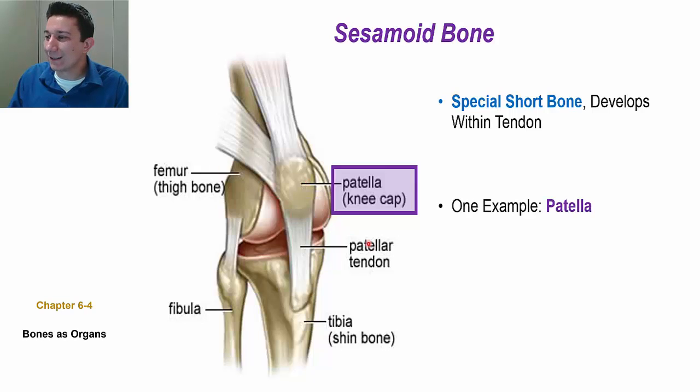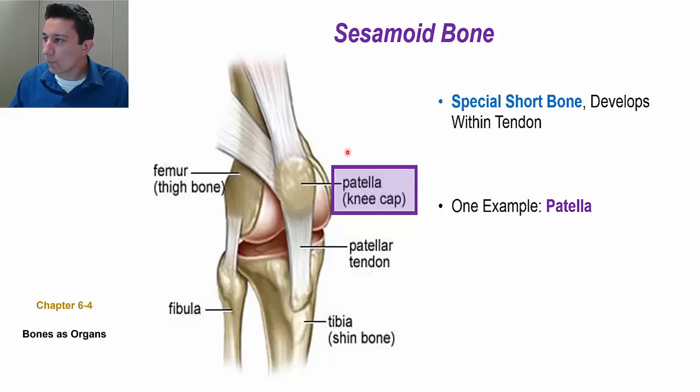One example of a sesamoid bone is the patella, which makes up the bone that we more generally call our kneecap. This bone is found within a large tendon of a muscle that crosses the anterior part of our knee joint. So it really helps this tendon glide over the knee joint without incurring any damage as a result of that movement.